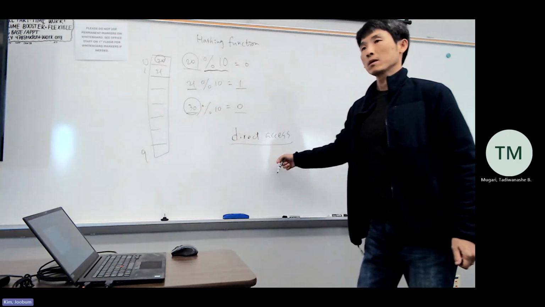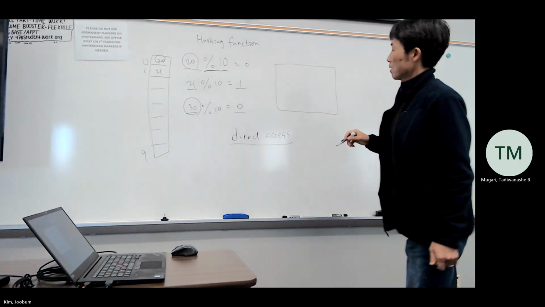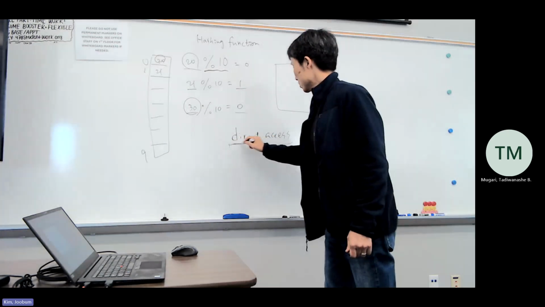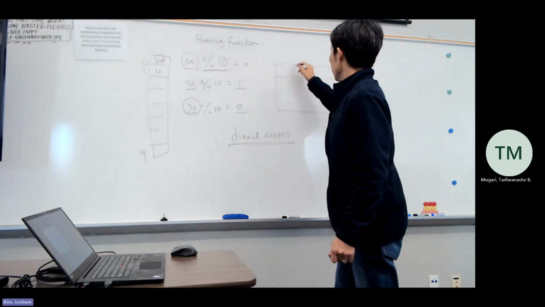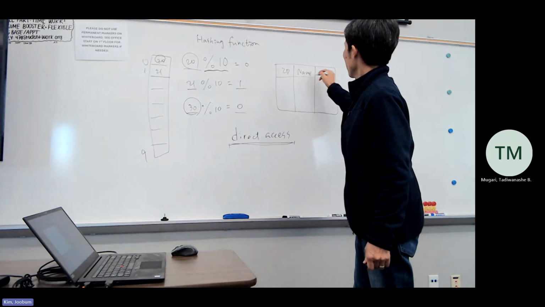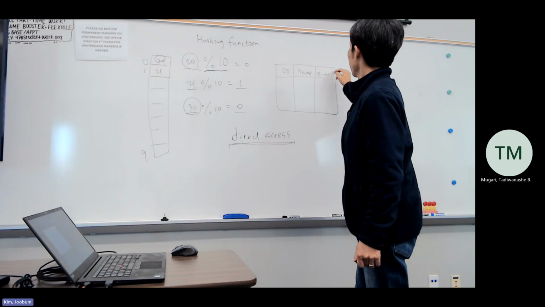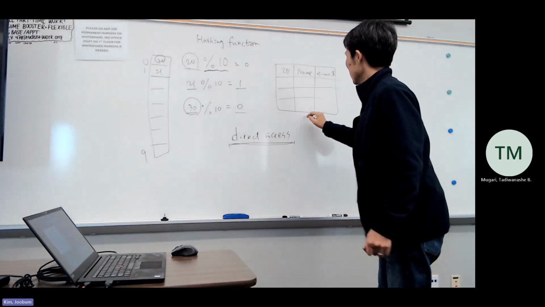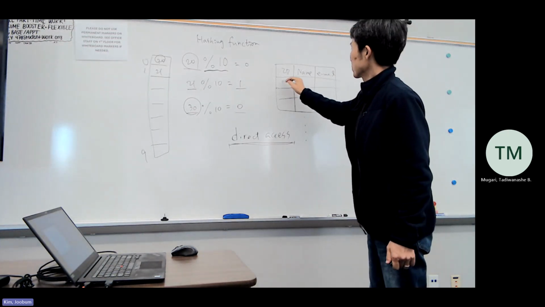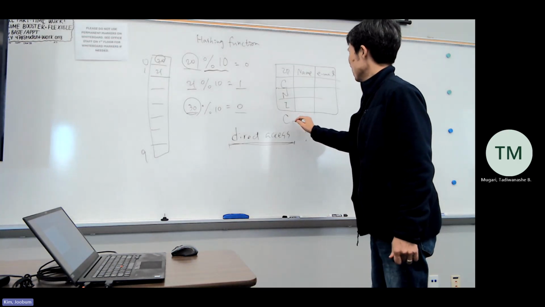direct access. If you have a table in a database, maybe there are some data like ID, name, and email. And there are some records like this. Maybe Christina and Nicole and Isabel, Caleb, and so on.